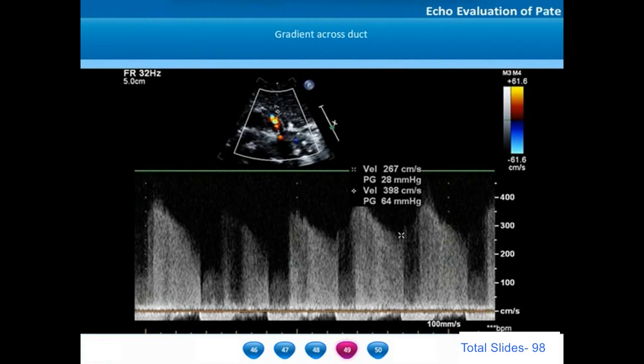If you imagine that the aortic diastolic pressure is going to be somewhere around 70 to 80 millimeters of mercury, the pulmonary artery diastolic pressure predicted by this echocardiographic gradient is in the range of 45 to 50 millimeters of mercury. And this will be an indicator of moderate pulmonary arterial hypertension.